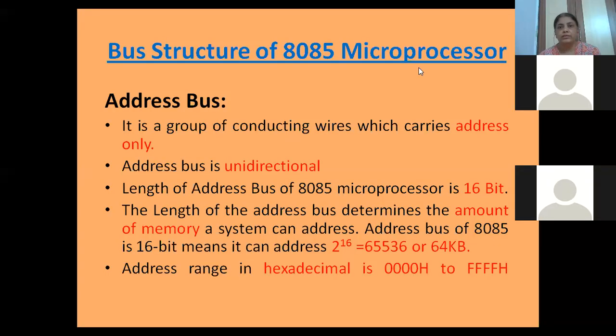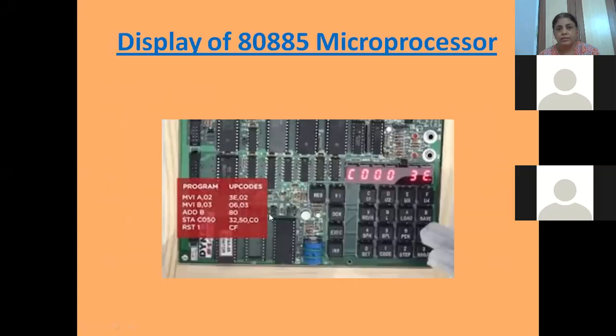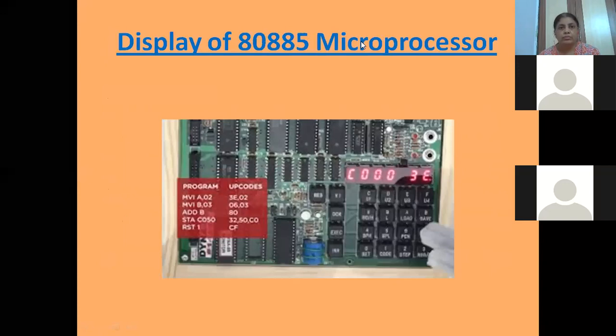Okay, so understood this. Now I'll show you the kit. If we show the kit, it will be more clear why we need this hexadecimal address. Then I'll start with this. See, now you can see this is the front view, you can say the top view of your kit. ये है आपका display. This is your display, right?